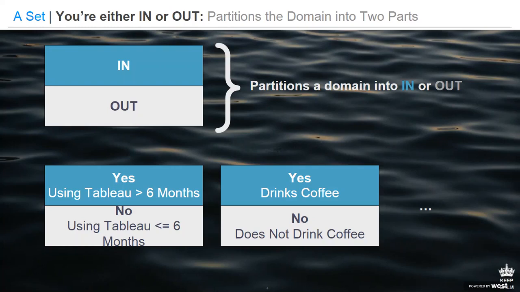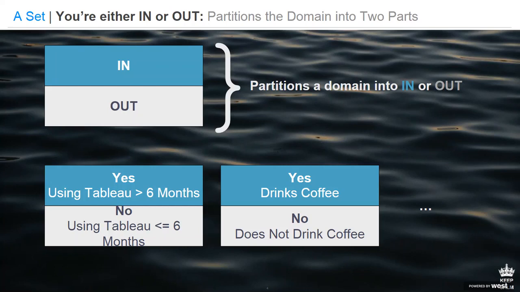And at the fundamental level, this is how sets behave. They've been around for a long time, and for a long time, they have been really one of my favorite features to use, although perhaps underutilized by others. And the reason that I like them so much is that you can use sets virtually anywhere in Tableau. You can use them to filter calculations. You can use them to size and to color.